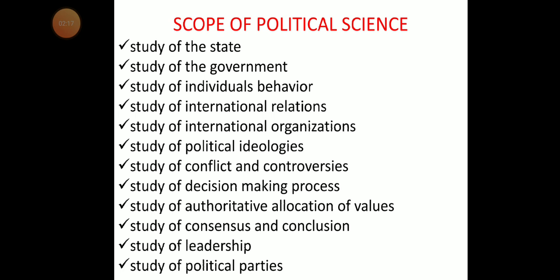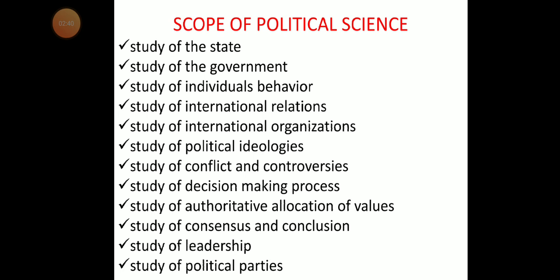The second point is study of government. In this, we study the kinds of government, forms of government, activities of the governments, elements of the governments, right? It forms the subject matter of political science. There are many forms of government: parliamentary, presidential, federal, unitary, monarchical, democratic, dictatorial.